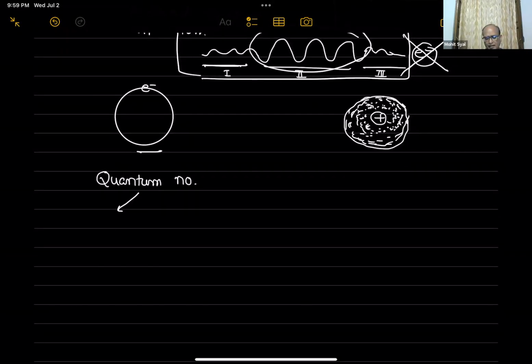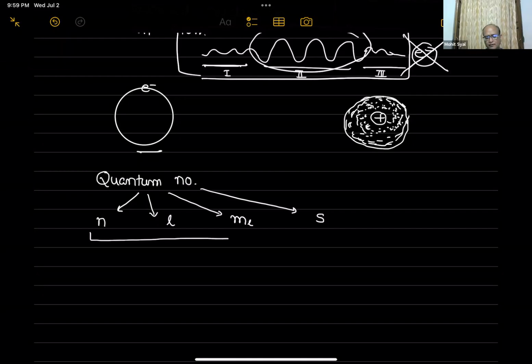There are four quantum numbers: n, l, ml, and s.